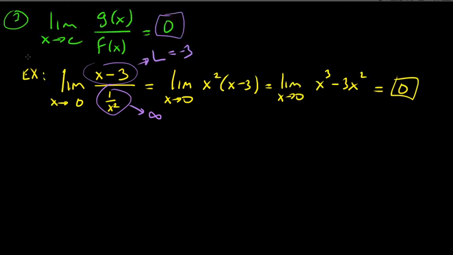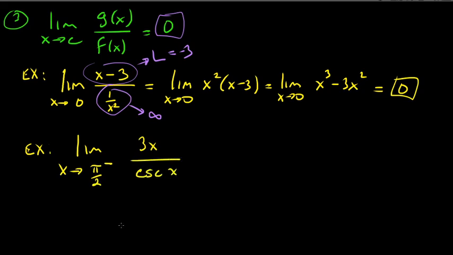If you want another one that's maybe not quite as contrived, we can do this. How about the limit as x approaches pi over 2 from the left of, let's do 3x over cosecant x. So what would that be?